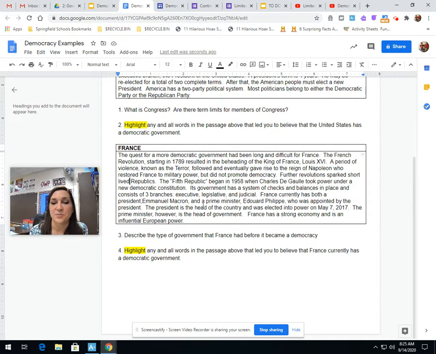France currently has both a president, Emmanuel Macron, and a prime minister, Edouard Philippe, who was appointed by the president. The president is the head of the country and was elected into power on May 7, 2017. The prime minister, however, is the head of government. France has a strong economy and is an influential European power.